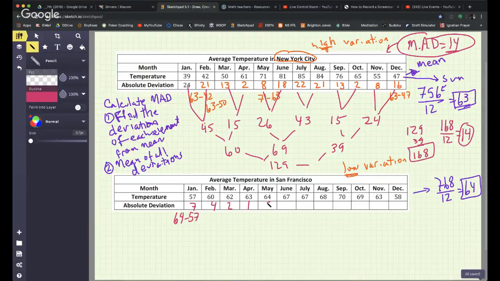This is 1. This is 0. That's exactly the mean. This is 67 minus 64. Remember, when it's higher, we subtract the mean from this number to find our absolute deviation. 4, 6, 5, 1. 64 minus 63, and then 58 is 6.